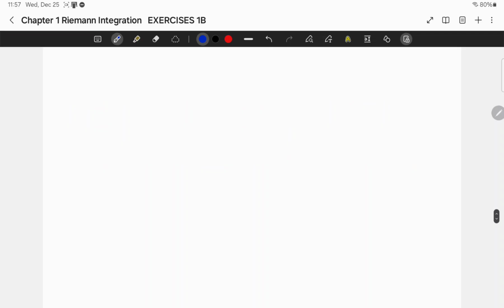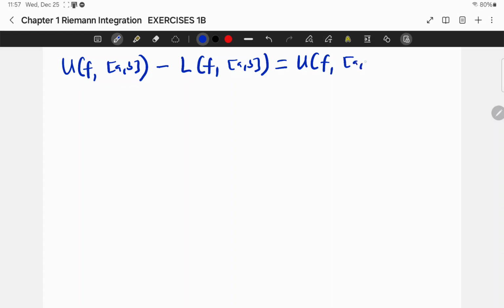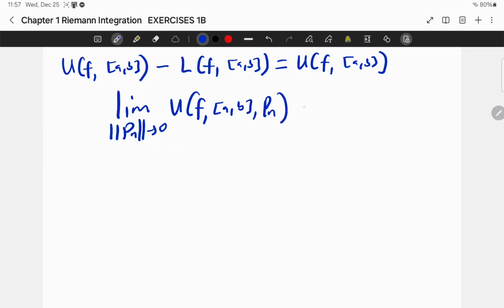So therefore, we can say that the upper integral on a comma b minus the lower Riemann integral, which will always be 0, equals the upper Riemann integral, which tends to 0.